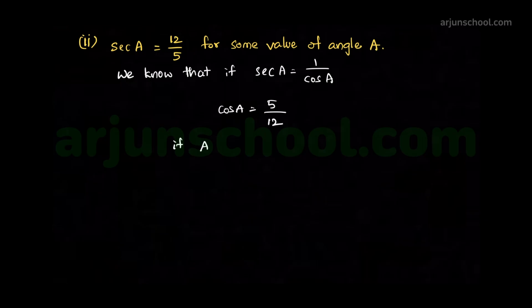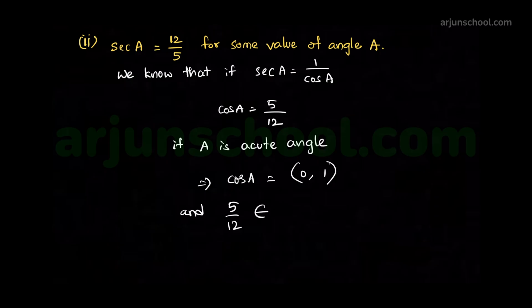This is possible because for an acute angle A, cos A can take any value between 0 and 1, and 5 by 12 lies between 0 and 1. Therefore, the given statement secant A is equal to 12 by 5 for some value of angle A is true.